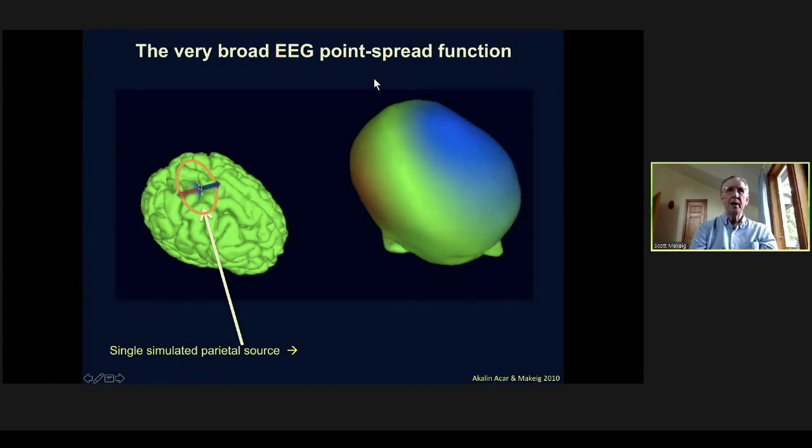And on the right, we see, and the biophysical fact is that the signature on the scalp of such a projection from a small patch will be equivalent to a projection from a very tiny or infinitesimal battery located in the middle of the patch.